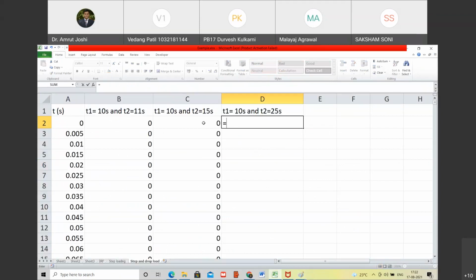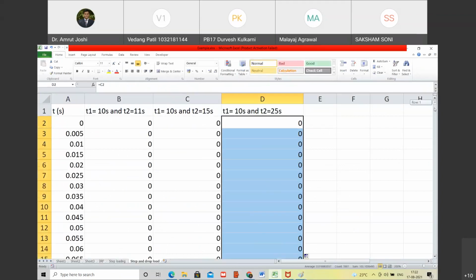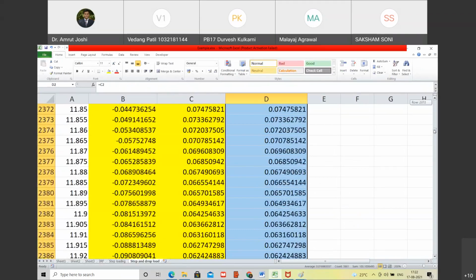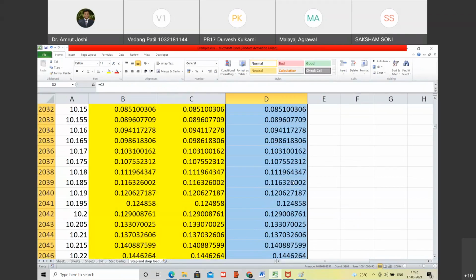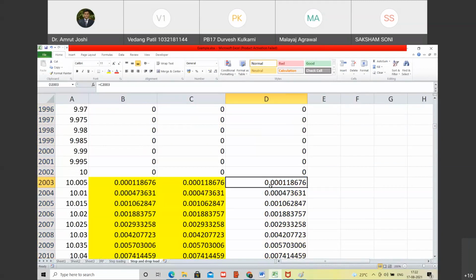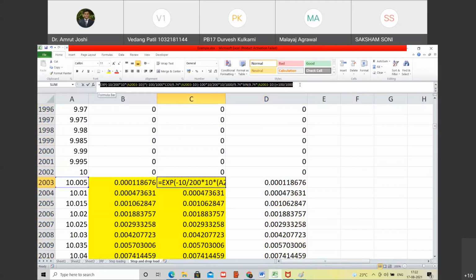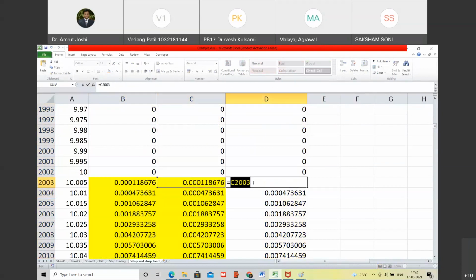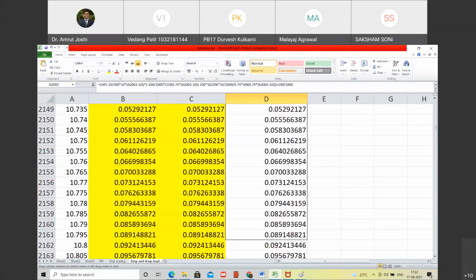And let me show you the plot. This is going to be same as this. This is okay up to 10 seconds, no problem. However, after 10 seconds, I need to copy the formula from here. I need to use the formula that goes up to 25 seconds. Do you agree with me?